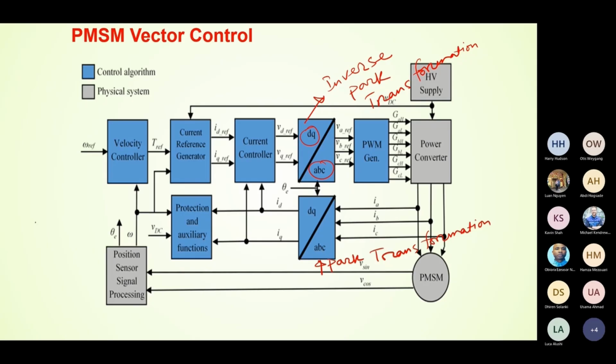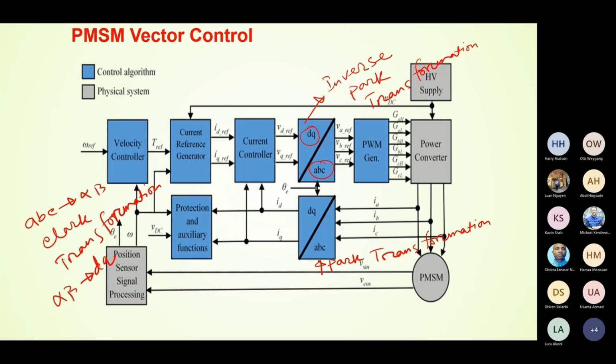So always we convert our ABC to alpha beta. This is the Clarke transformation. And then from that alpha beta, we go to DQ.